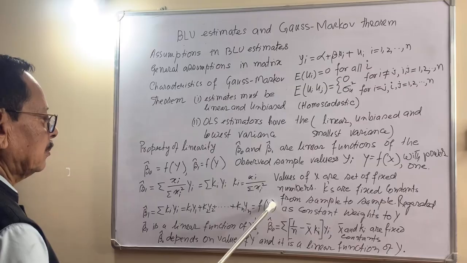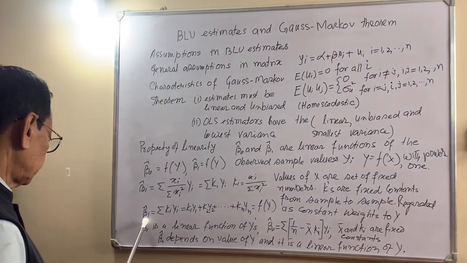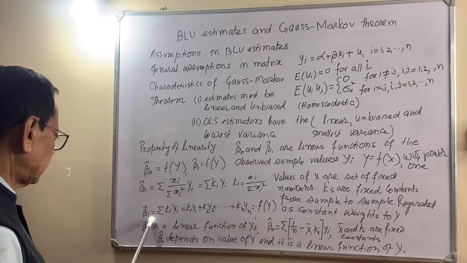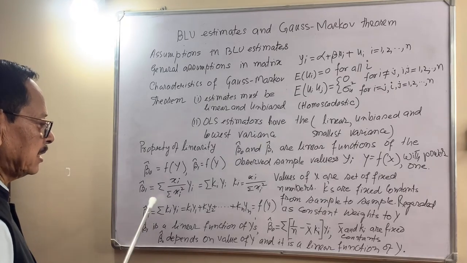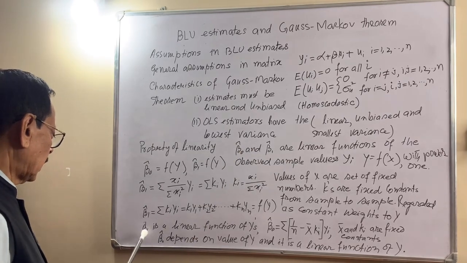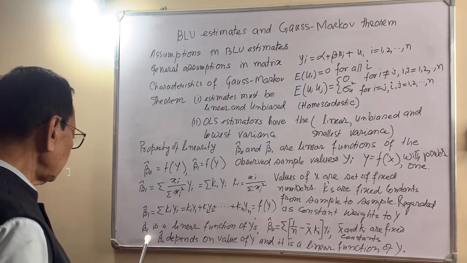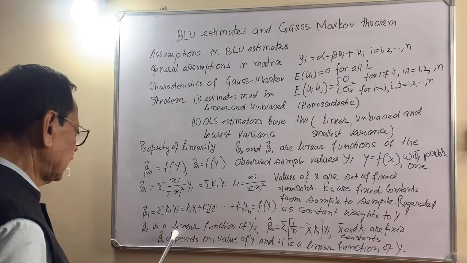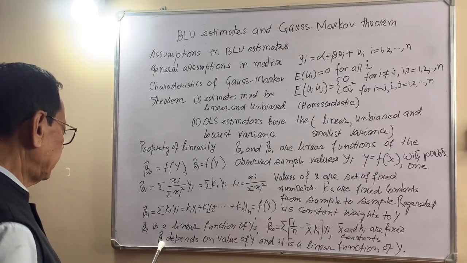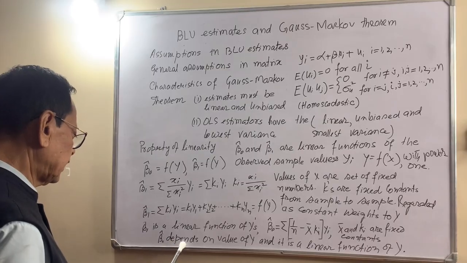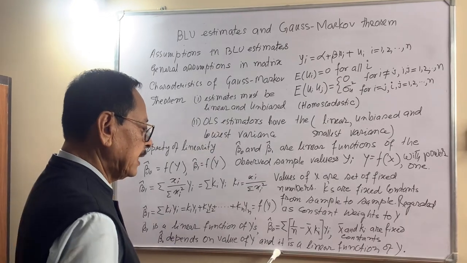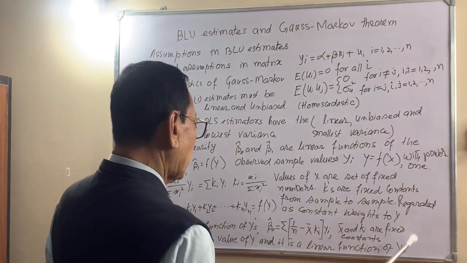So this is a function of y. The value of beta 1, the regression coefficient, will depend upon the values of y. Beta 1 estimated is a linear function of y's, and beta naught estimated also depends on the values of y and is a linear function of y.